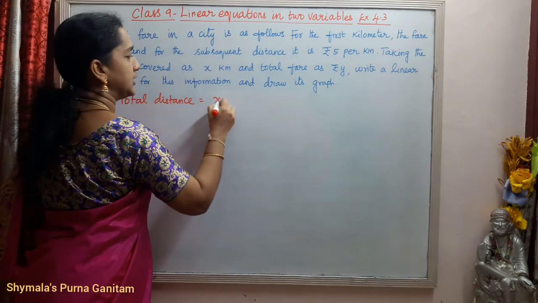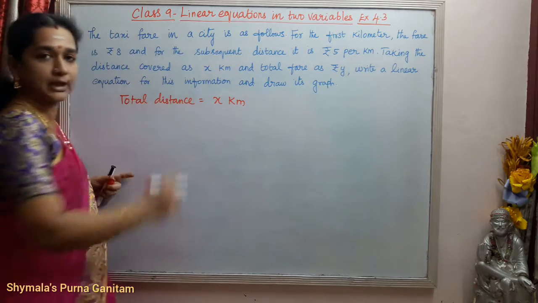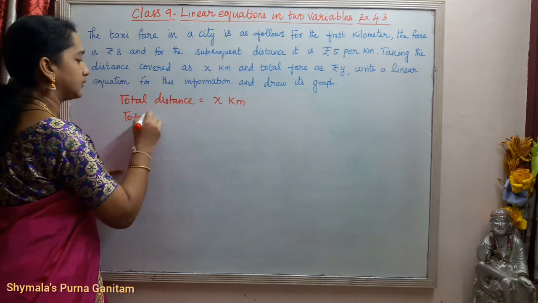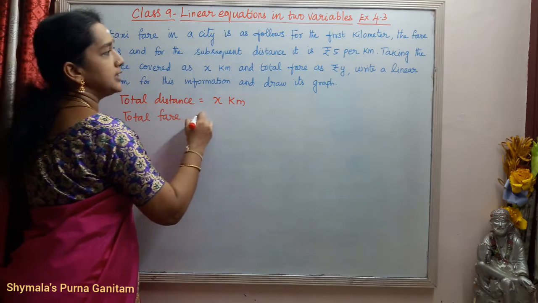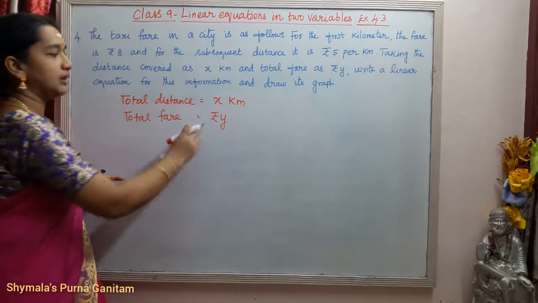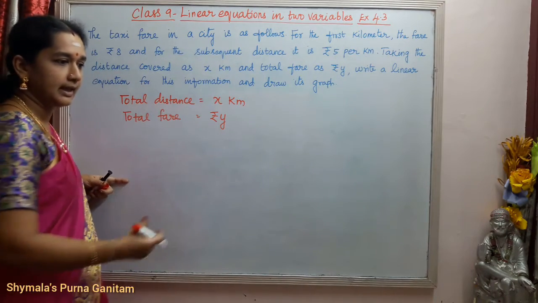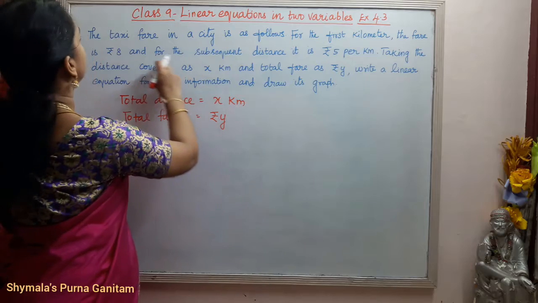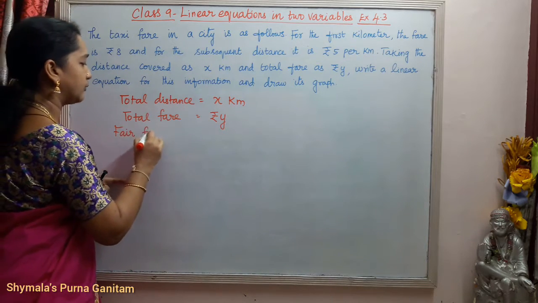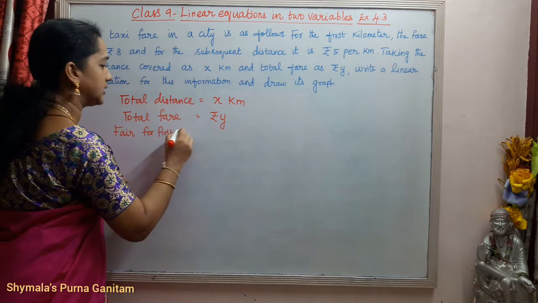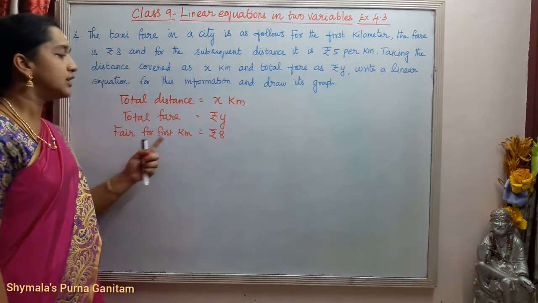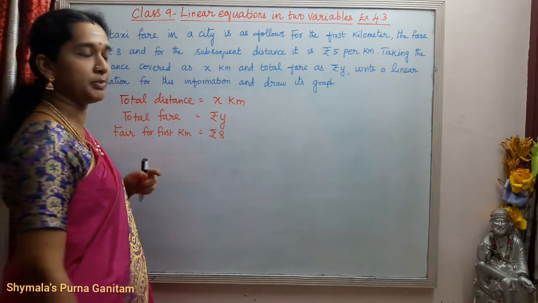So here, according to the question, the total distance covered is x kilometers, and the total fare is given as y rupees. Then the fare for the first kilometer is given as 8 rupees.